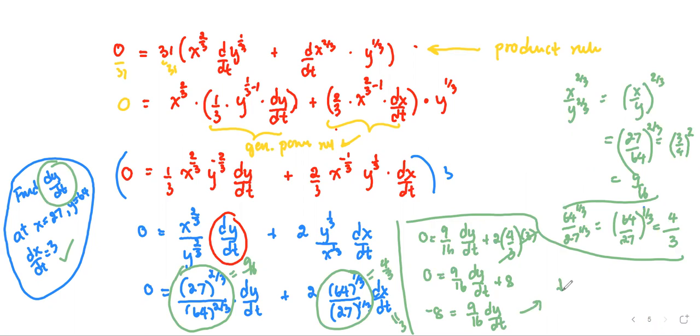And then solve for dy by dt by multiplying both sides by the value 16 over 9. So I get, let me compute the number real quick, 16 multiplied by 8, that is 128, and then divided by 9 as the answer that we are looking for.